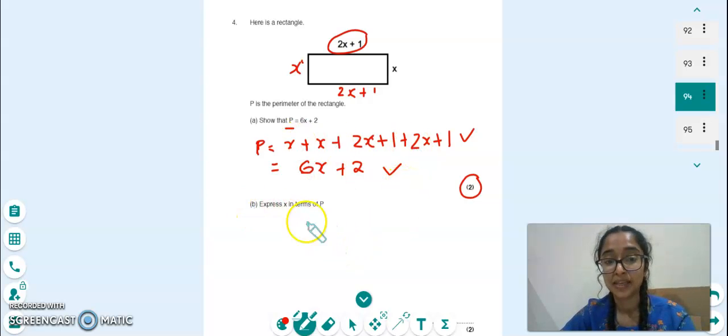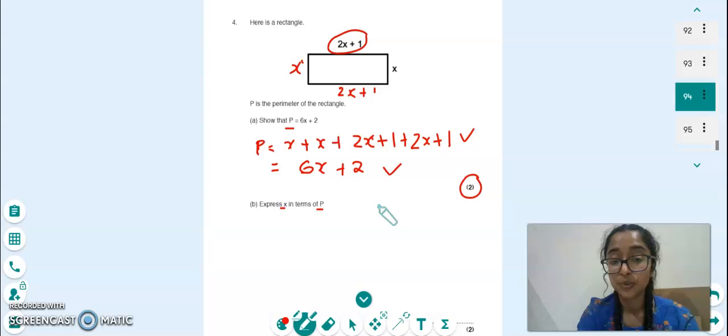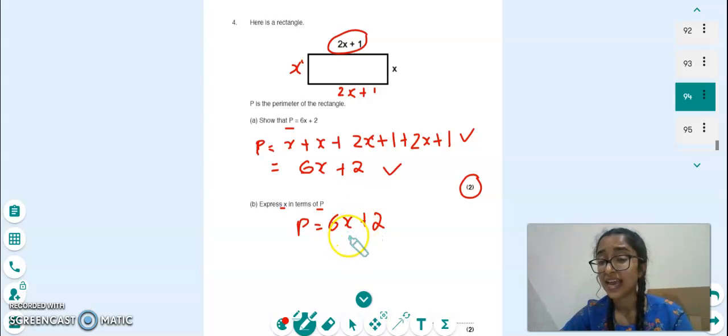Now, question B. This is where the change in the subject part comes in. You need to express x in terms of P. Same idea. It's just written in different words. So express x in terms of P means make x the subject. So we know P is equal to 6x plus 2. But we need the x by itself. So what do we do on both sides?